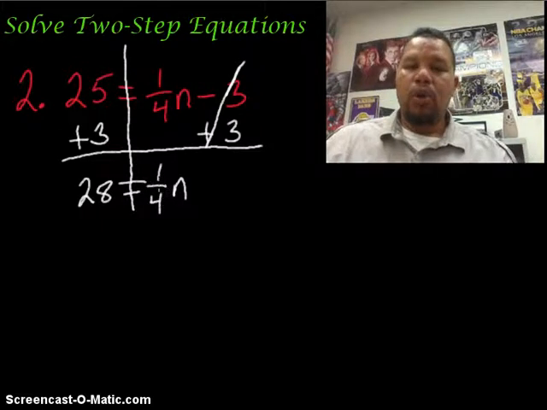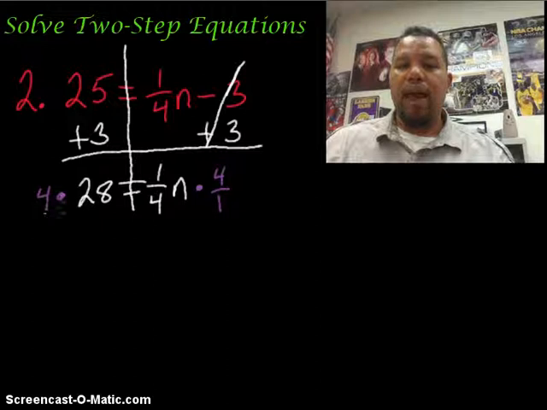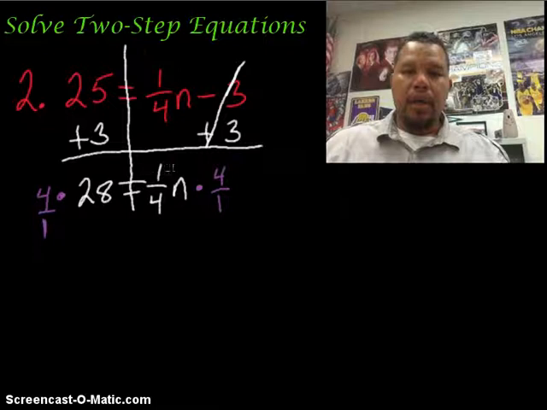So I'm going to multiply by 4/1 on both sides of the equation. I really don't need the 1 since 28 is not a fraction, but just so you can see it, I'll put it there. All right, so inverses cancel each other out just like in the previous step.